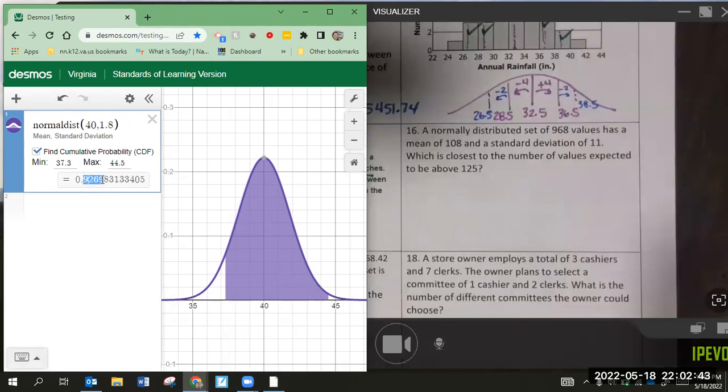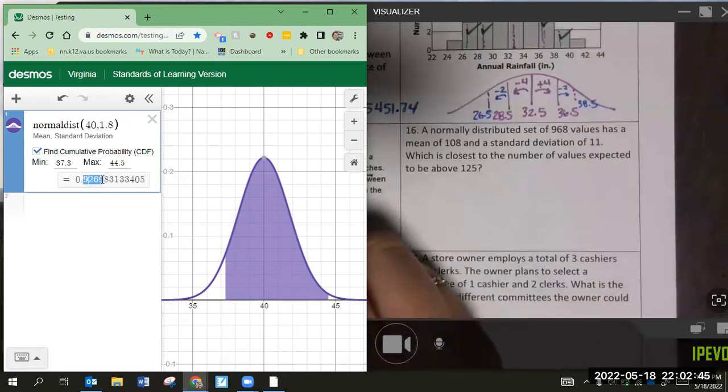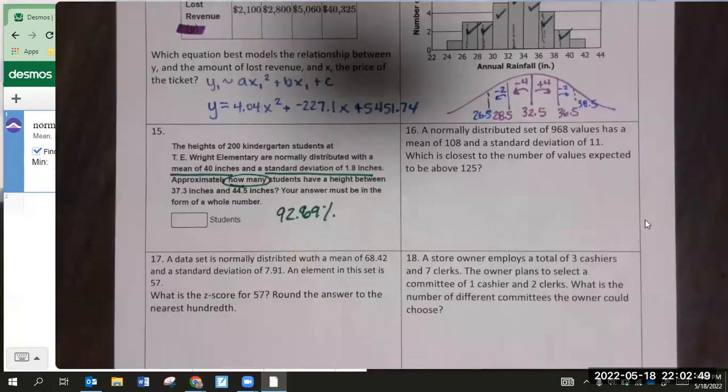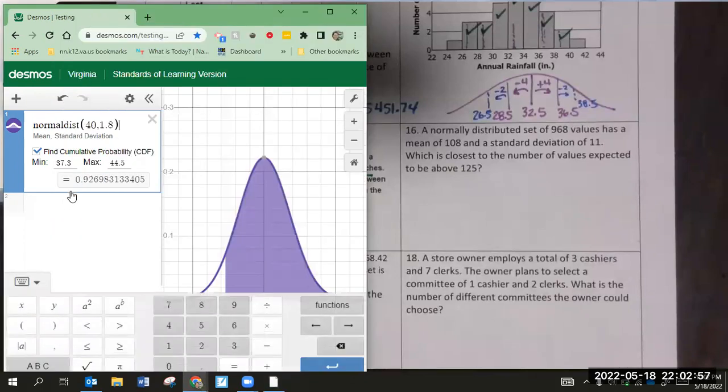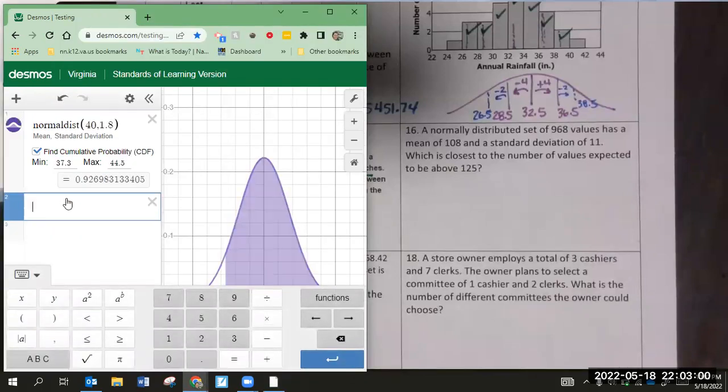And we get 92.69. So about 92.69% of our students are between those two heights, 37.3 and 44.5. Now that's percent. That is not how many students we have.